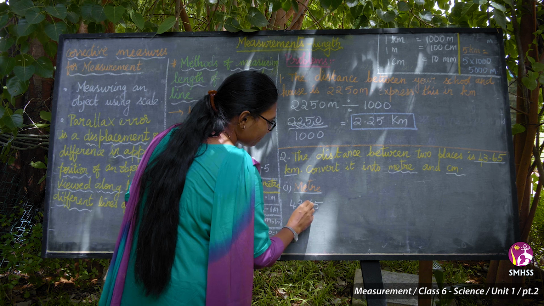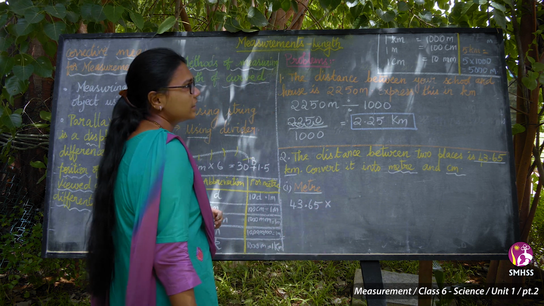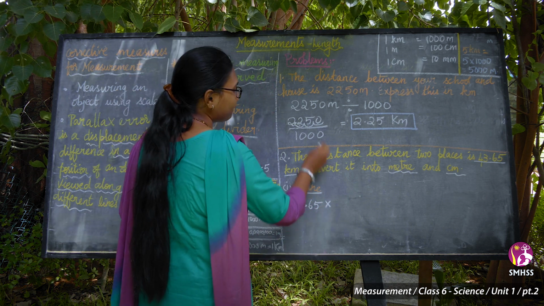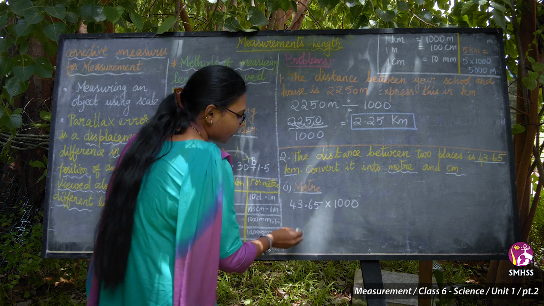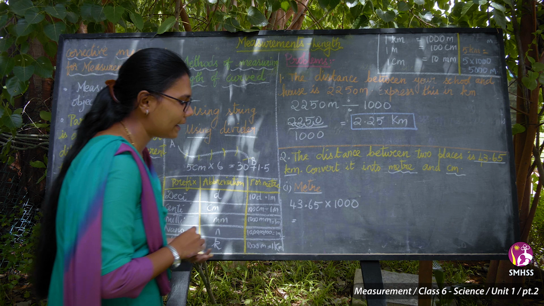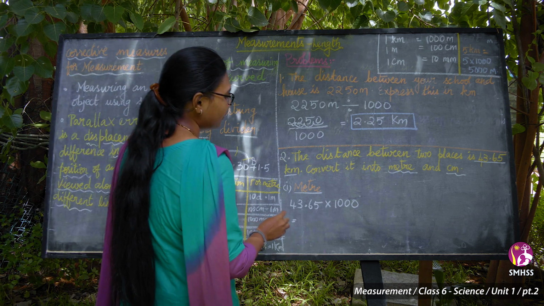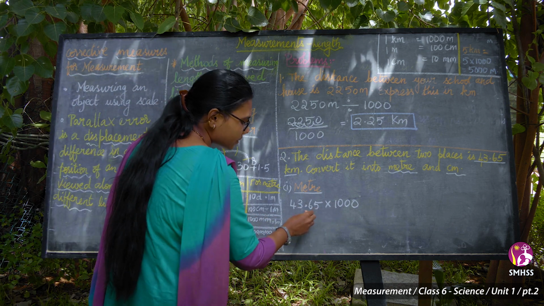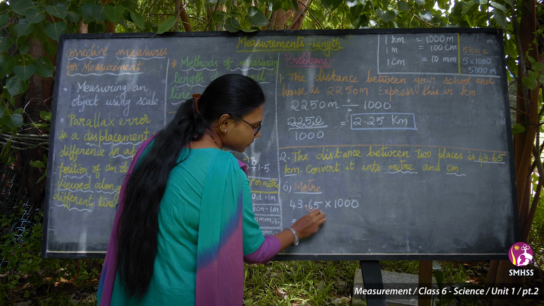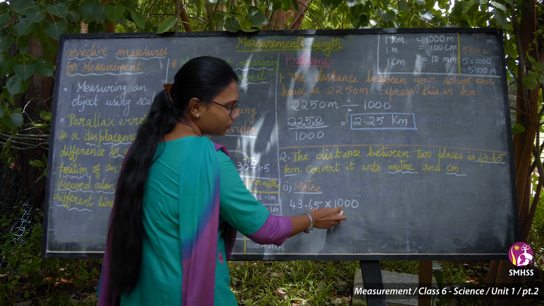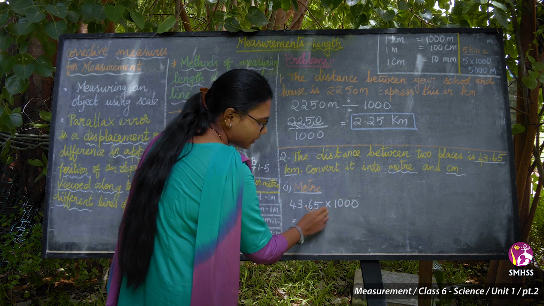So when converting to meter, 43.65 into 1000. How do we write it? You have to add on the zeros. There is a point here. You will move this point 1, 2, and then 1, 2 are there. Another, you have 1, another 0.